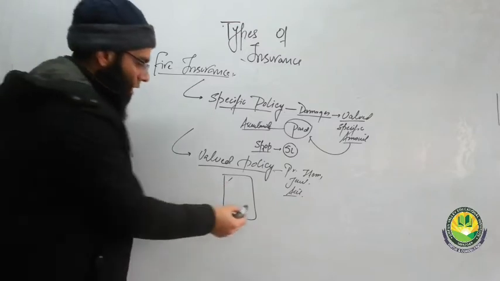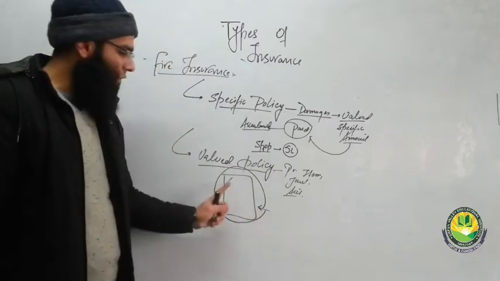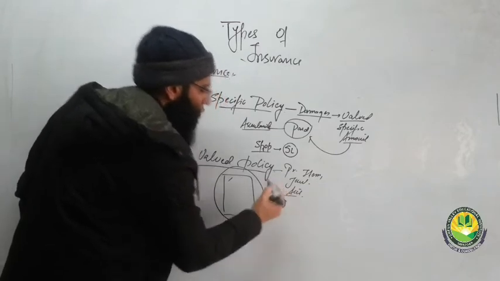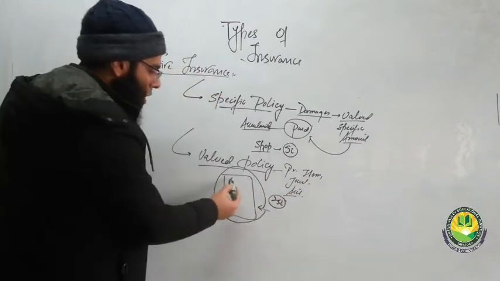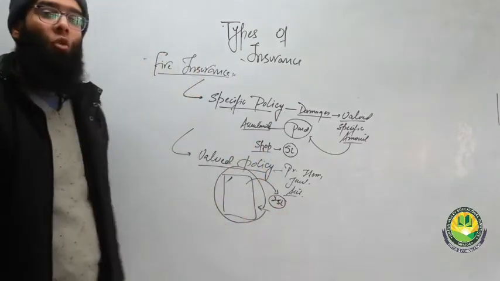So here the whole policy sum shall be paid. So if this painting was insured for 25 lakh, even a small cut will be liable for payment of 25 lakh.